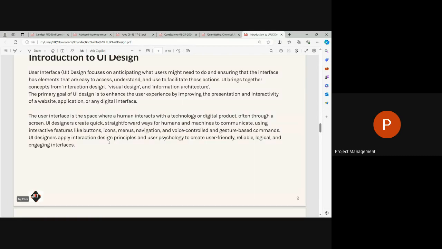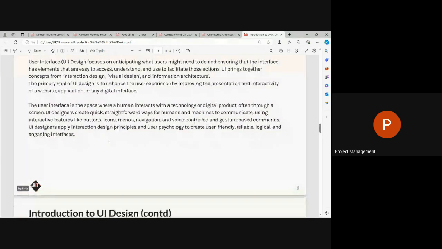The design has to be functional, it has to be visually appealing, and information architecture is the user journey, your user experience from the beginning of the design. So that is what the UI designer brings together to come up with their own interface.